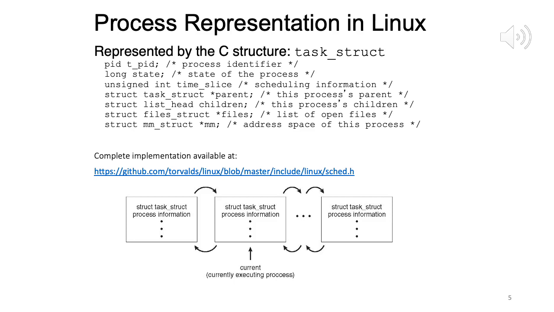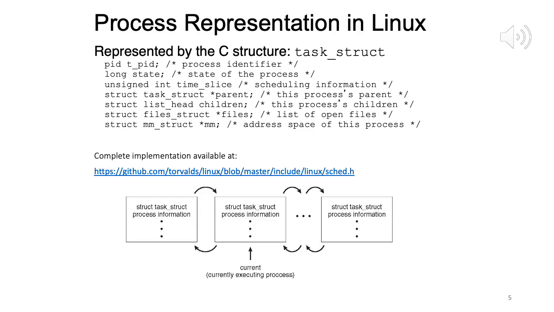Process's parent. So soon we'll see that each process can have a parent and child process. So for the whole set of processes we can have a tree data structure. So process has a parent, so a pointer to that parent, right? And then the data type for that is task_struct, right? Of course, process's children, right?